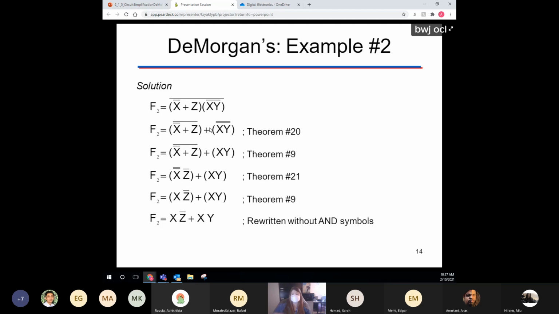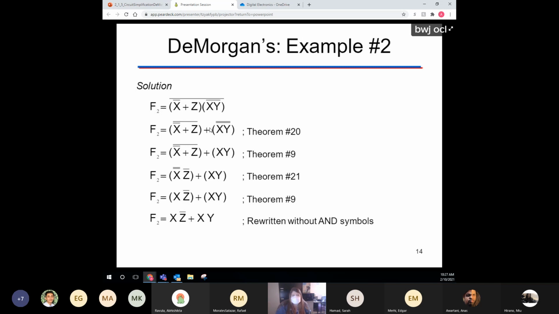So in this case, the function is plus. We break the line, and then we change plus to multiplication. So we get not x times not z, and then plus xy. Then theorem number 9 tells us to eliminate the not x, we just get x times not z, and then plus xy, and that is our final equation.